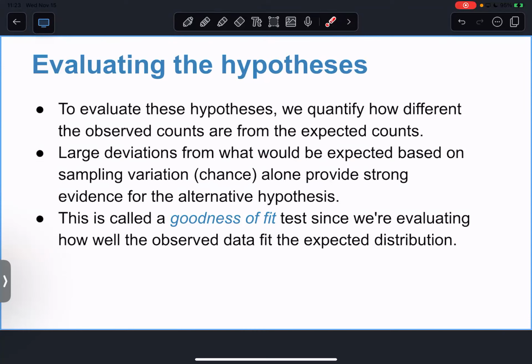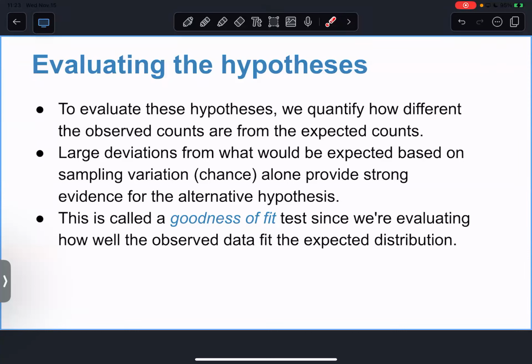Our test statistic is going to quantify how different the observed counts are from the expected counts, with a little bit extra. We have to take into account the spread that we're expecting, but it's going to change a little bit. Large deviations, so large differences from what we would expect based on sampling variation, right?